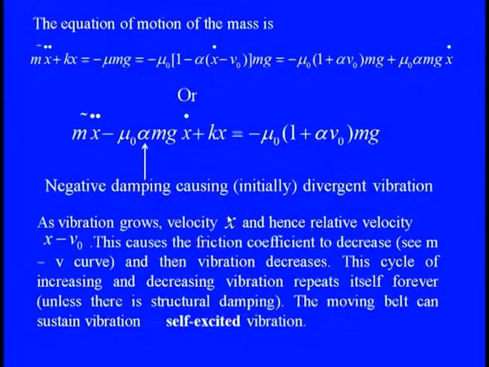You can make the equation there itself: m x double dot plus k x, the inertia force and restoring force, equal to the friction force mu into m g, where m g is the weight.